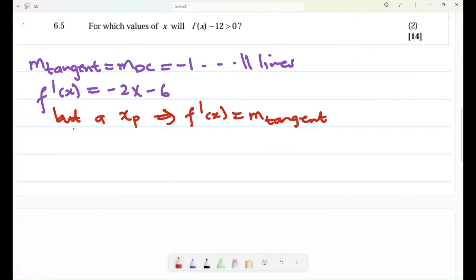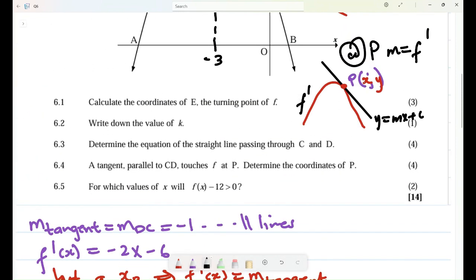This is what I'm trying to say. Therefore, I can say the gradient of the function, negative 2x minus 6, is equal to the gradient of the tangent, which is negative 1. Then I can solve for that x value at P.